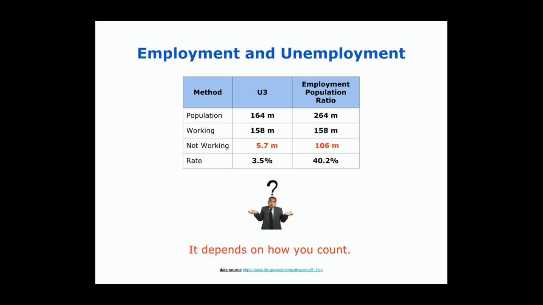Now, when we're talking about unemployment, you can see that there's a number of different ways we can talk about it. So, what is the unemployment rate at a given point in time? Well, it depends on how we count. If we count one way, using the official unemployment statistic U3, we can see that in the United States economy, for example, there's 5.7 million people who are not working, and given a labor force of 164 million people, the unemployment rate is 3.5%.